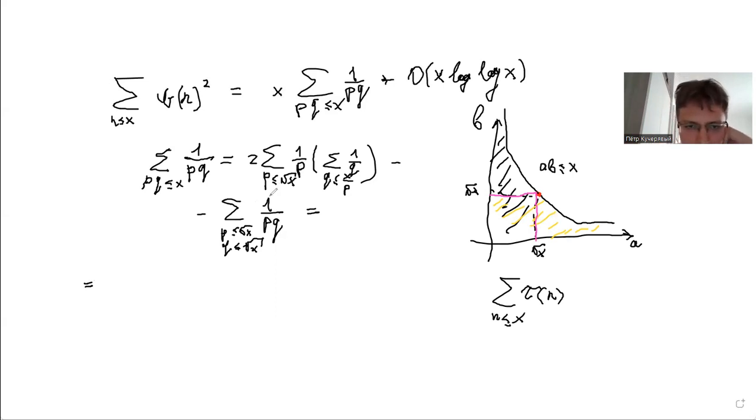The first sum, you see here, q is prime with sum over primes, and it will be double logarithm. So let me write it.